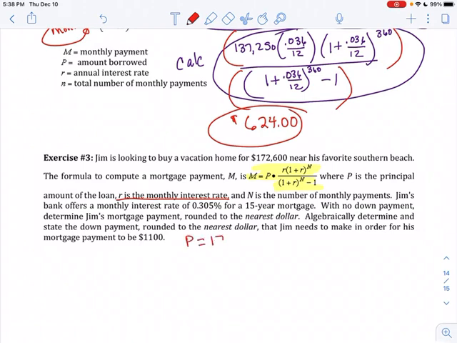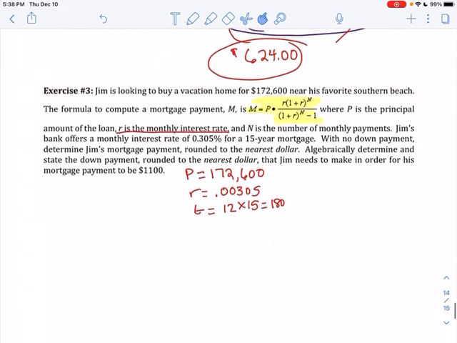So my principal is $172,600. My rate, I still need to move that decimal over 2 places, so it's 0.00305. And my time, again, there's 12 months in a year, but this time I'm only doing a 15-year mortgage, so there's only going to be 180 payments.